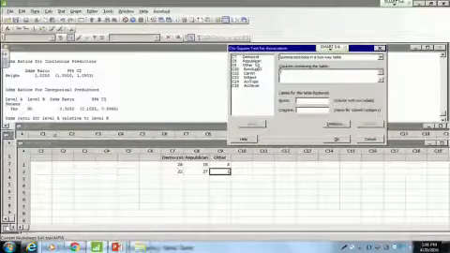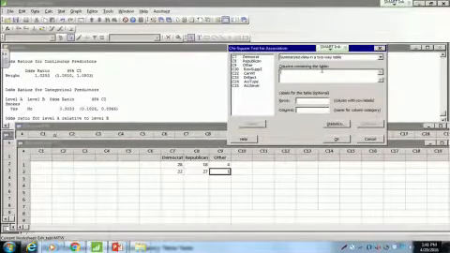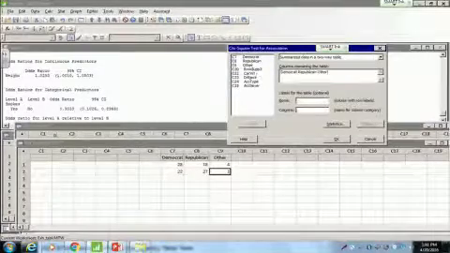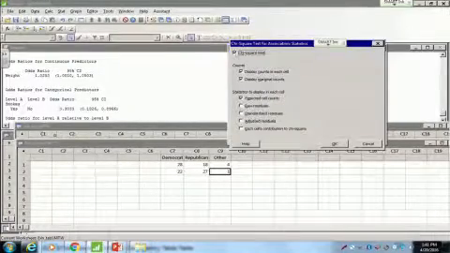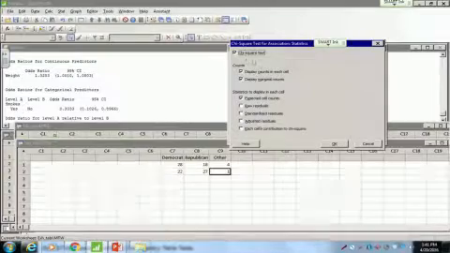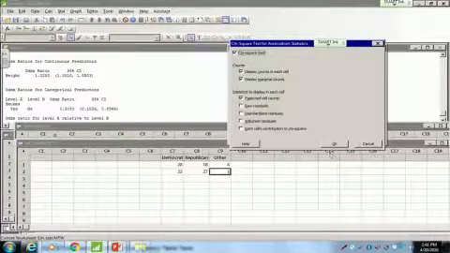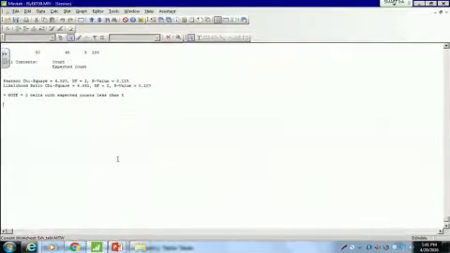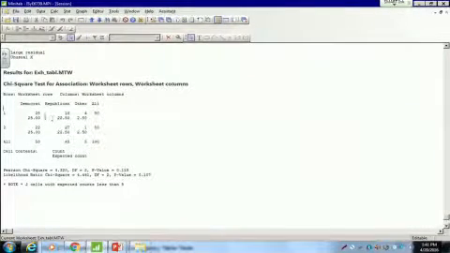And what I do, I say, okay, columns containing the table, which are Democrat, Republican, and other. And the statistic that it shows, the chi-square statistic, is the one that we are looking for. And here is the result. So these are the counts.